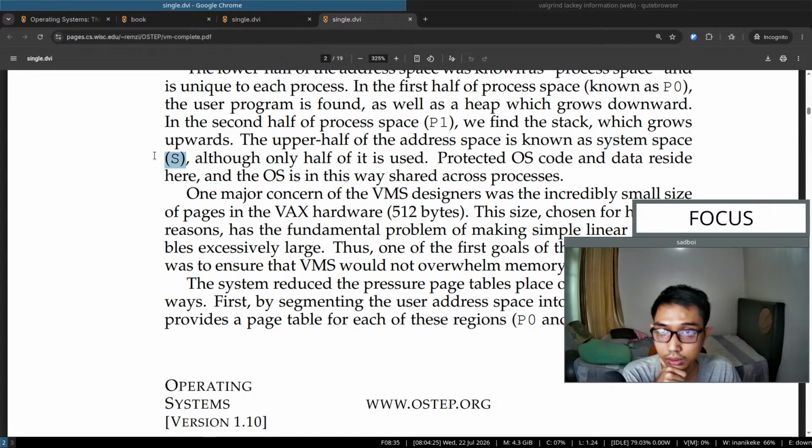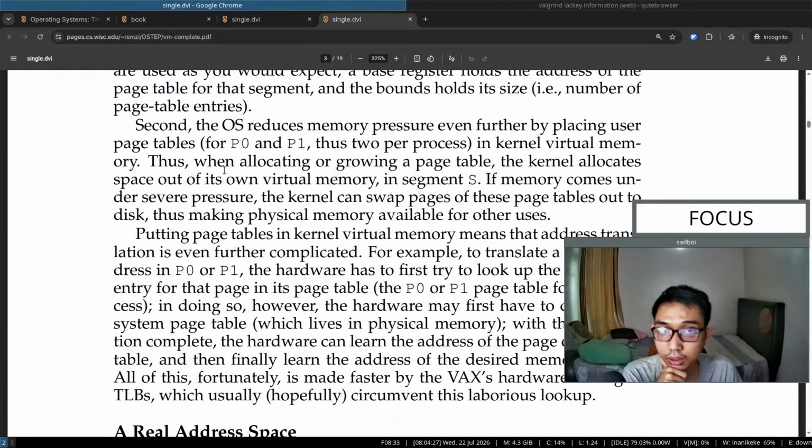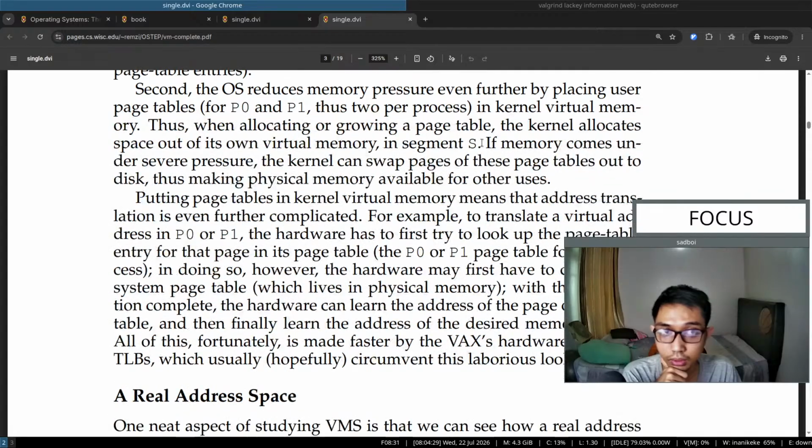If memory comes under severe pressure, the kernel can swap pages of this page table out to disk, thus making physical memory available for other use.